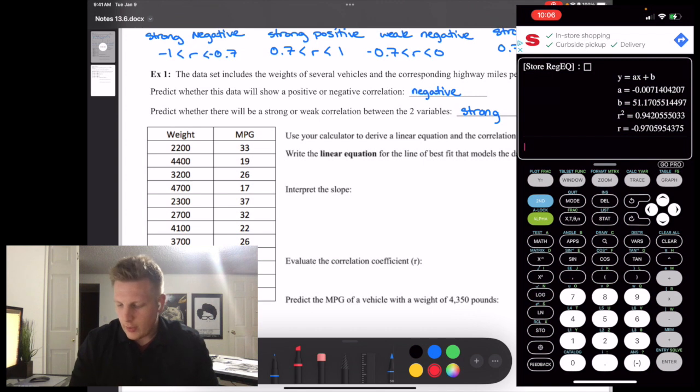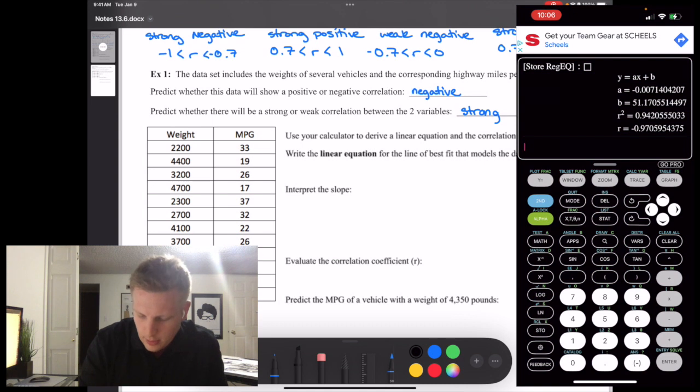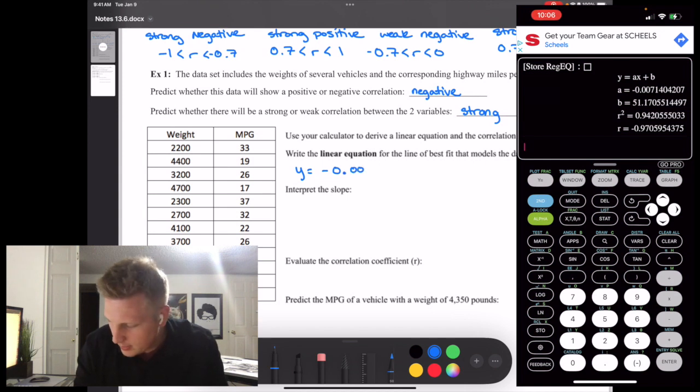So here's my linear equation. I'm going to my y equals mx plus b, but instead of m for my slope, it gives us an a value here, and this one happens to be quite the number. I'm really glad we didn't calculate this one by hand, because it looks like 0.00714, and we'll call that good.